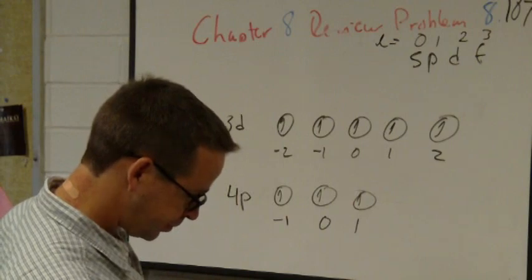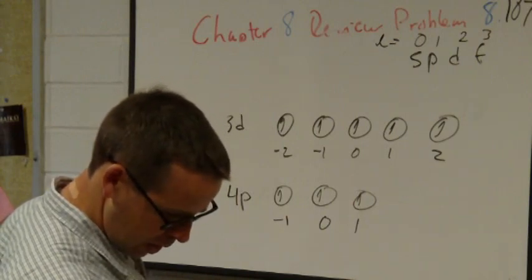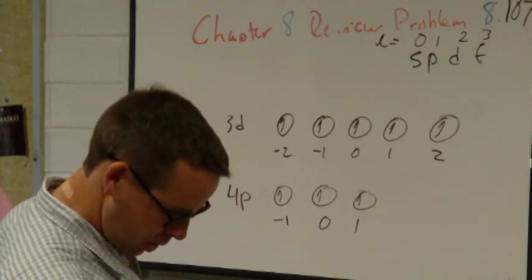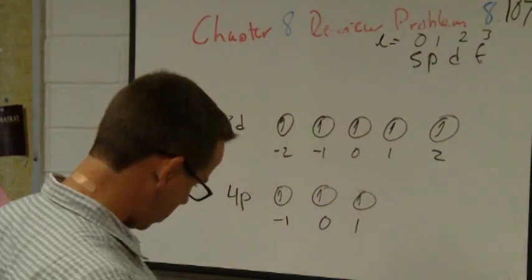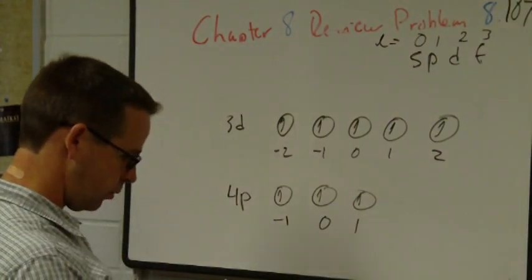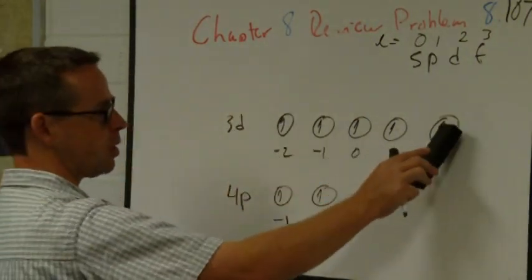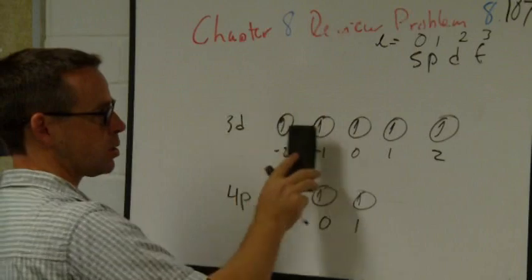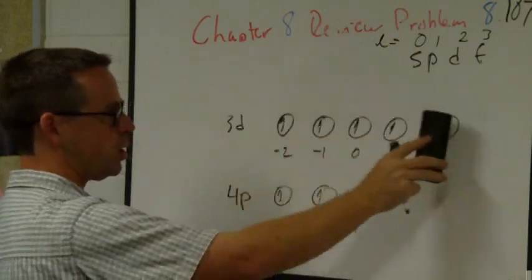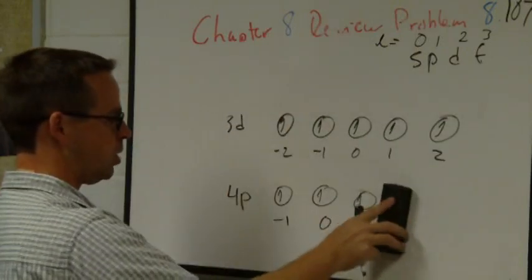Sulfur, and strontium, and argon. All right. So let's go through sulfur first. So this looks like it's paramagnetic because all these electrons are pointing the same direction and each one is half filled. Same thing here.